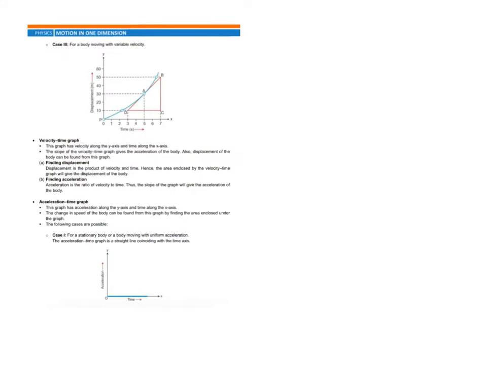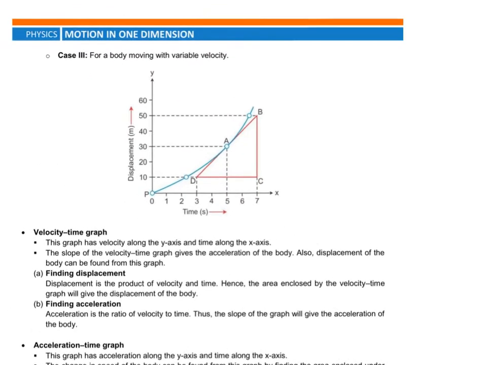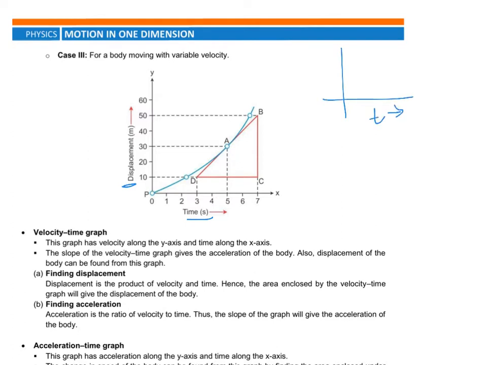Third, instead of a straight line, for a displacement-time graph, if my curve is like this, with this my time axis and this my displacement axis, and I'm getting a curve, it means the body is moving at a variable velocity. That means sometimes there is an acceleration. That's why the slope at every point is not the same. But how do you know that? Let's plot it.